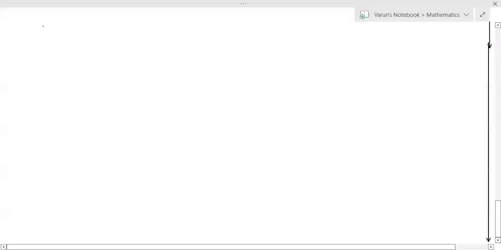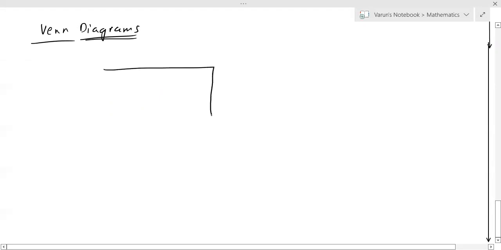Venn diagrams. I'm sure you are slightly aware of Venn diagrams already. Let's just explore them. First of all, we have to define a universal set. The largest rectangle that we draw is the universal set, right?